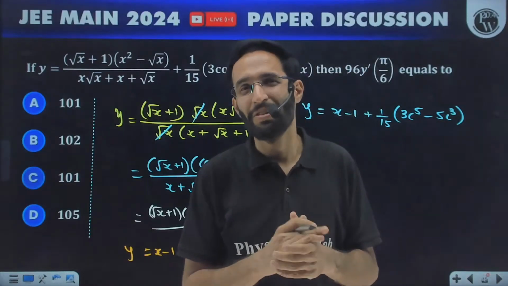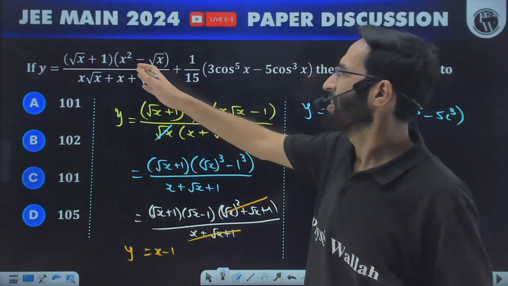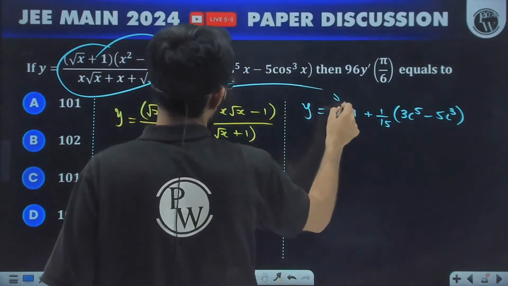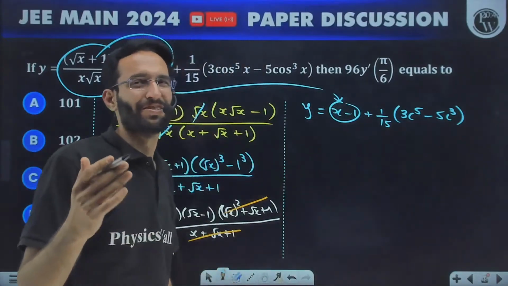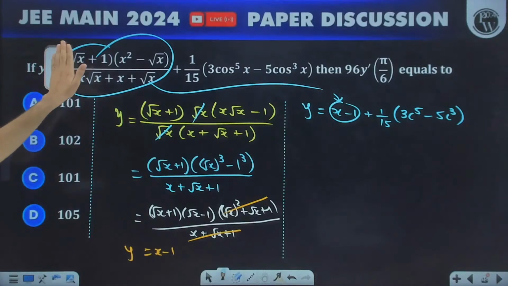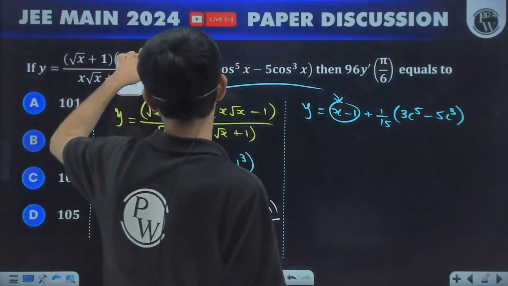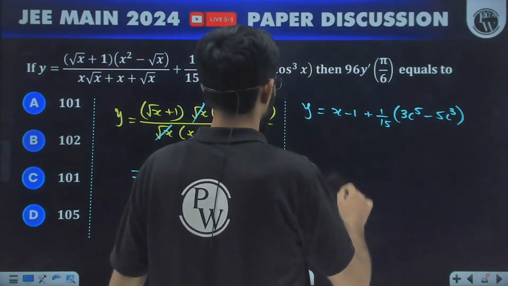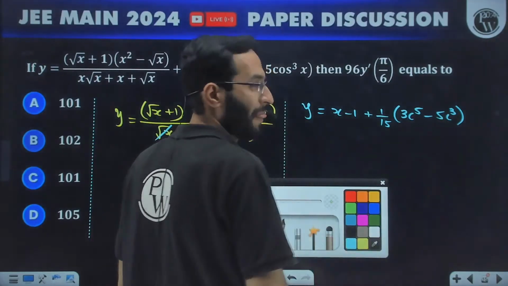Flower, it is not flower, it is fire. After seeing this question, you are assuming that it is fire, but it is not fire, it is flower. This is only x minus 1. This is one beautiful way to write this x minus 1. That's why I told you in the beginning that you are going to love this question because of reverse Pushpa. Is this clear, everyone? Please give me some response.